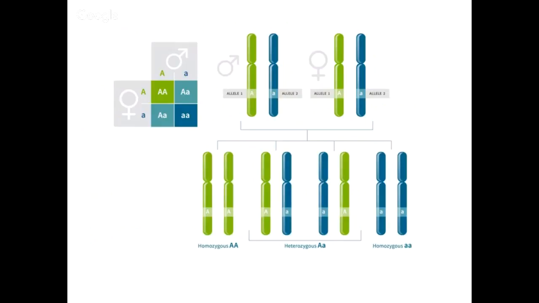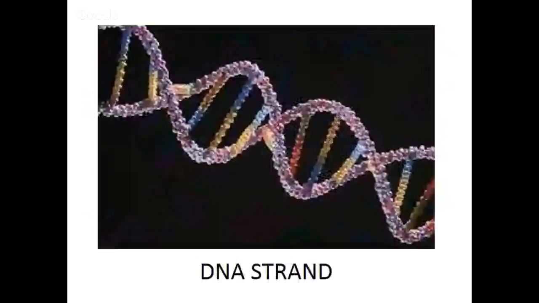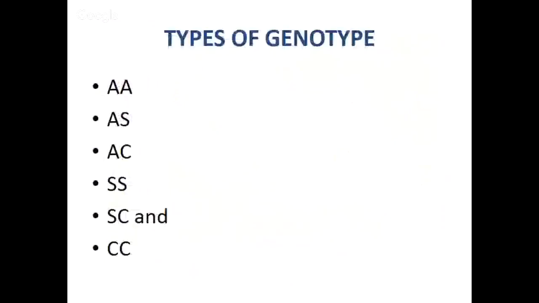One is 23 chromosomes, the other is another 23 chromosomes. So they both form 46 chromosomes, and each carries particular information. So this is a picture of an allele. This is a DNA strand. The DNA strand is a combination of the different alleles all together forming the 46 chromosomes.